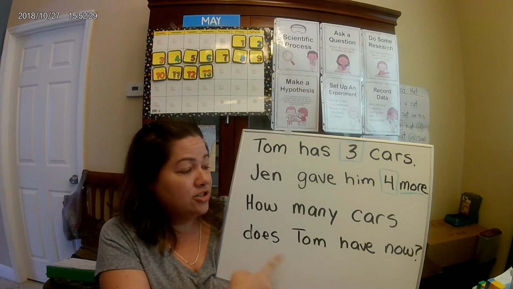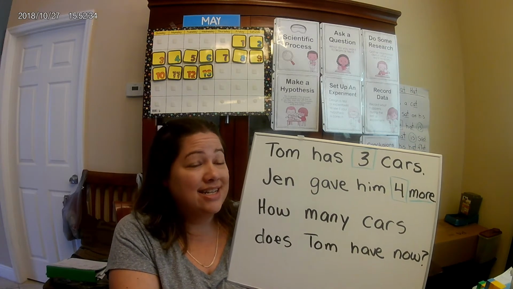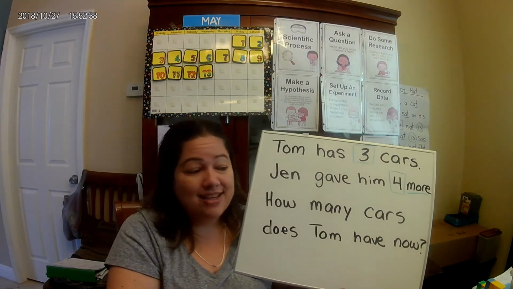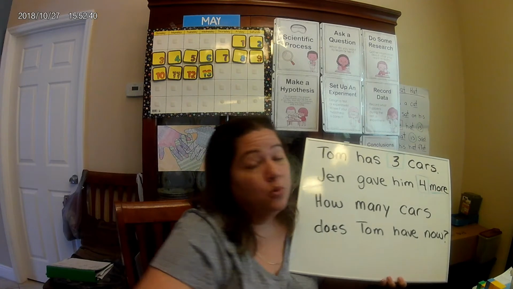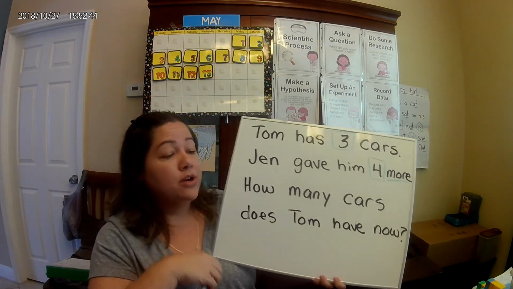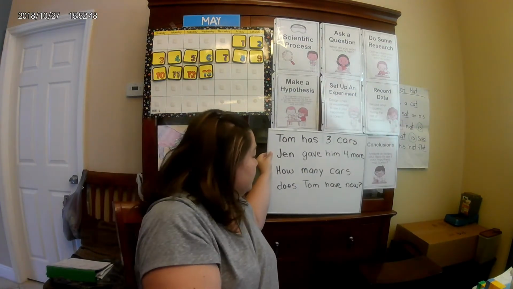How many cars does Tom have now? So this is an addition, because this here with the more, when you add things together, you get more. When you take things away, you get less. All right, so we're going to write this into our number sentence.